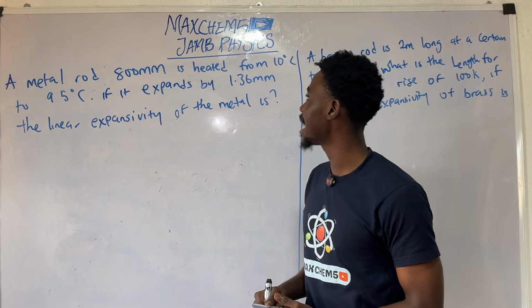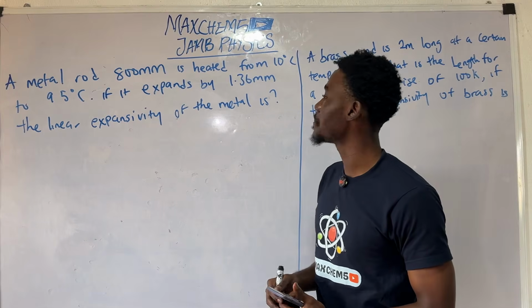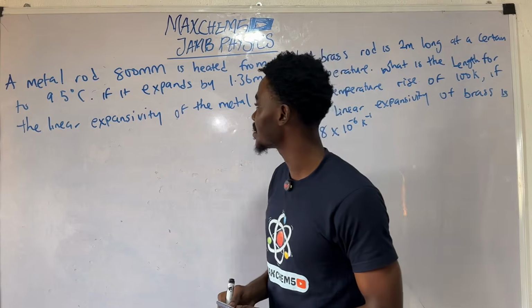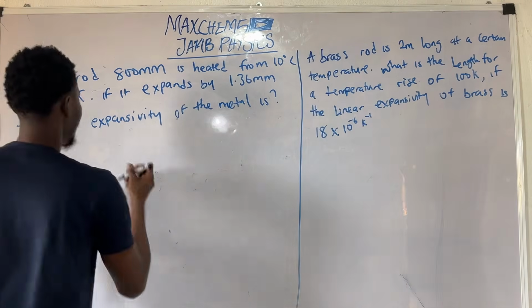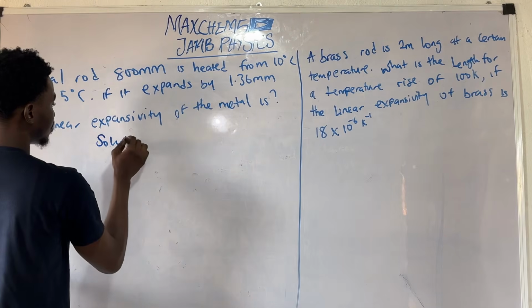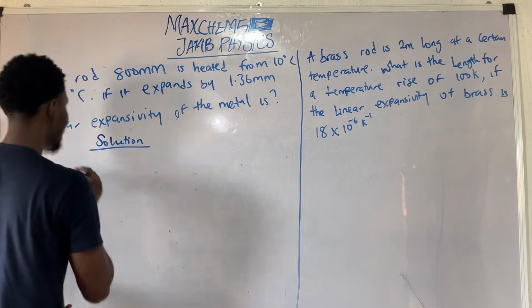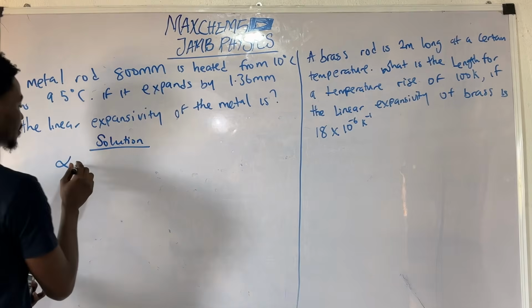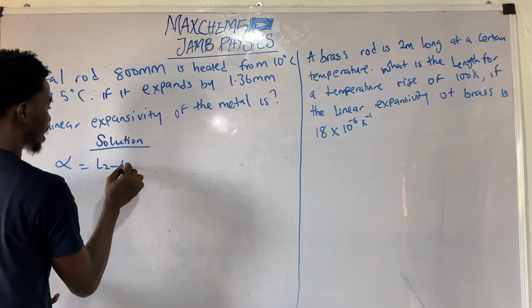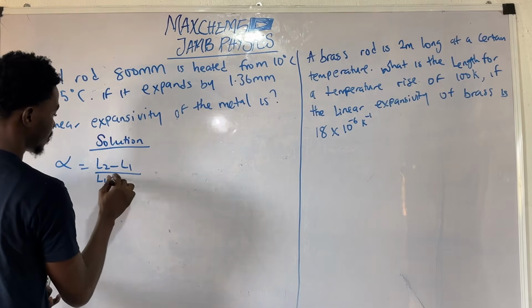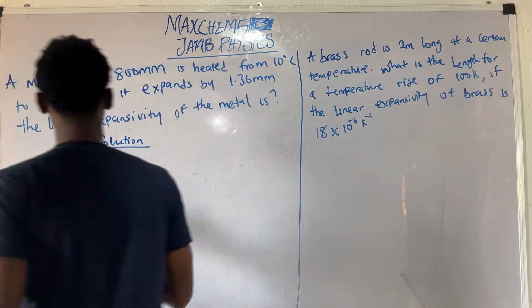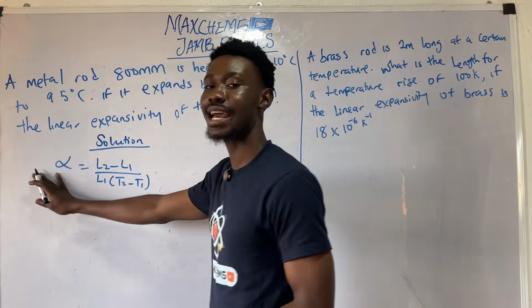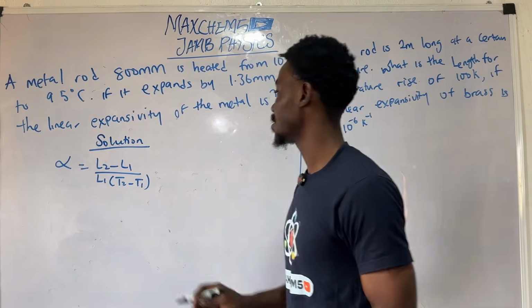If it expands by 1.36 millimeter, the linear expansivity of the metal is. So we are asked to find the linear expansivity of that metal. And if you can recall, the formula is given by this. So we are asked to find alpha, which is the linear expansivity of that metal.